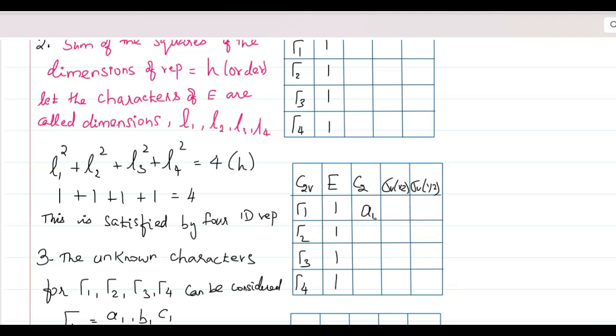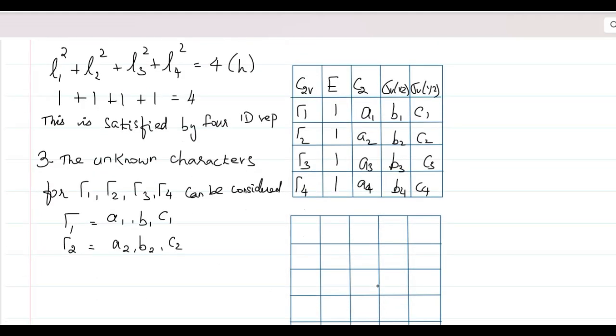Unknown characters are labeled as A1, B1, C1, A2, B2, C2, A3, B3, C3, and A4, B4, C4. Now, what is the next step? We are going to evaluate the unknown characters.